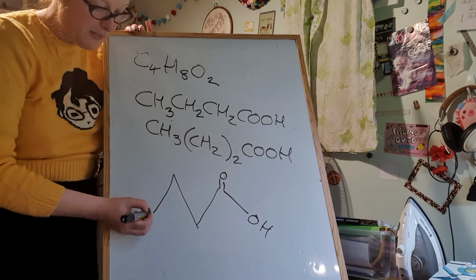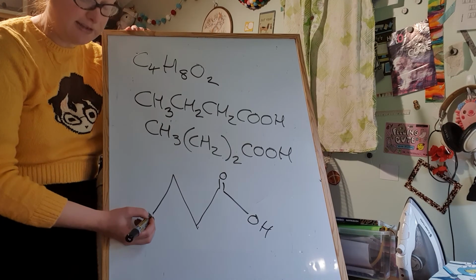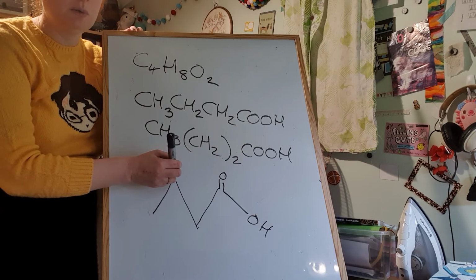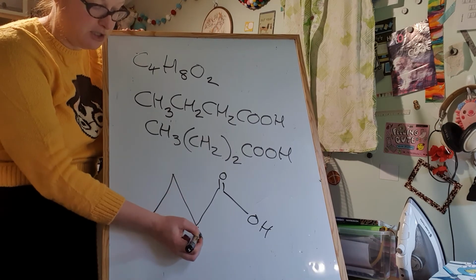When there's nothing labelled here, that means there's a CH3 because it's the end. Then this one with nothing labelled must be a carbon with 2 hydrogens because it's in the middle. And another one, a carbon with 2 hydrogens in the middle.